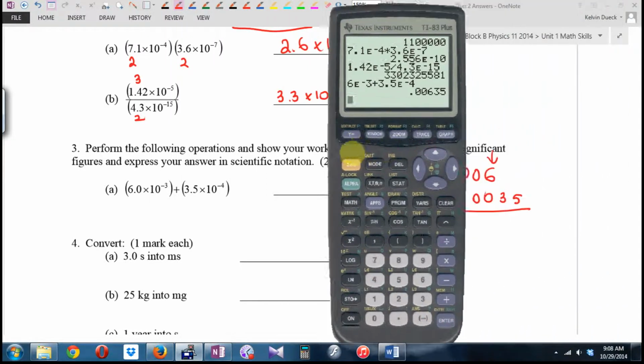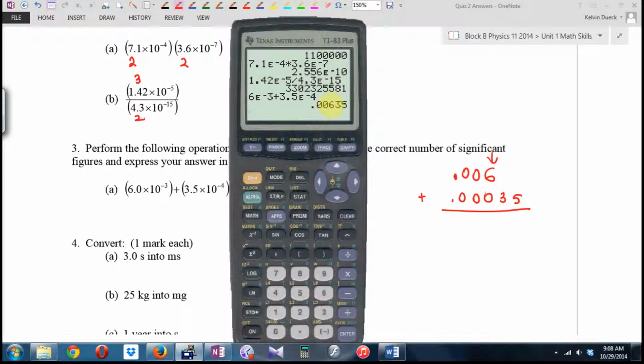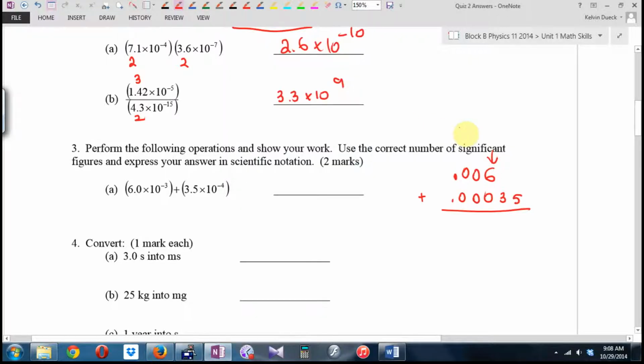And I said I'm going to round off to that. This is kind of strange. It looks like that 0.35 under sig figs rules doesn't actually impact my answer. It's too accurate. My answer is going to be 0.006, except they said they wanted it in scientific notation. 6 times 10 to the -3. 2 marks. Oh, I guess 1 mark for the front, 1 mark for the power of 10.